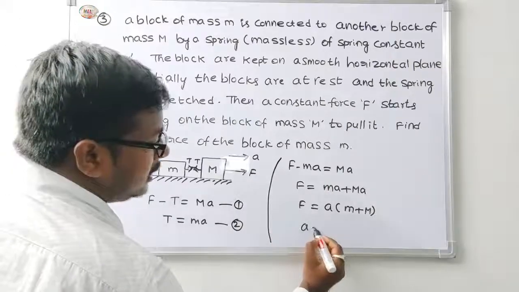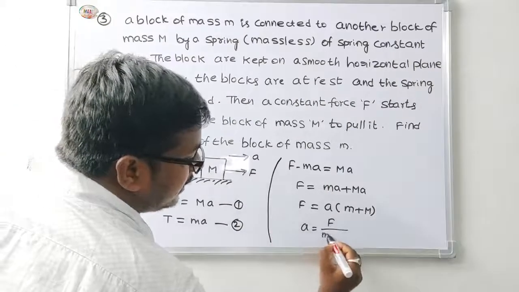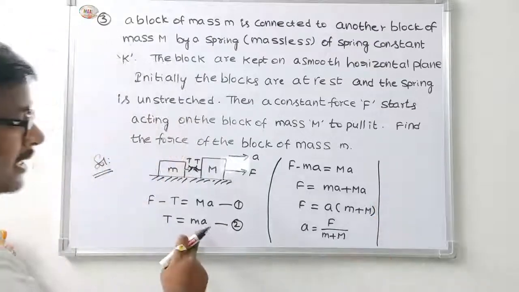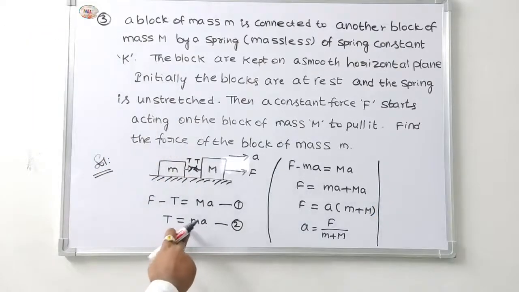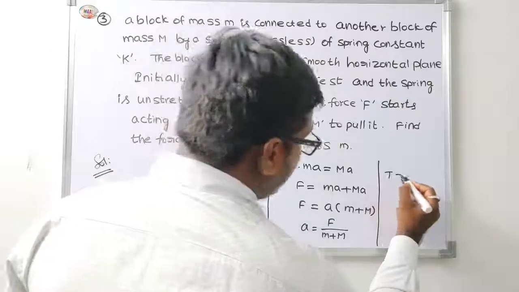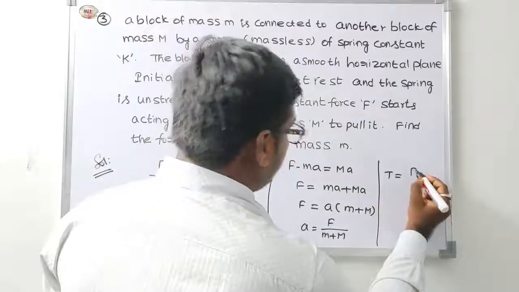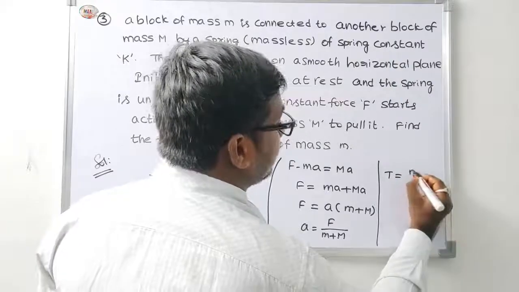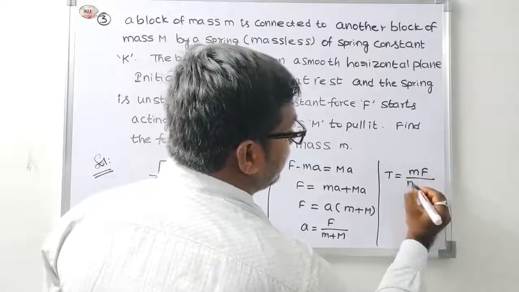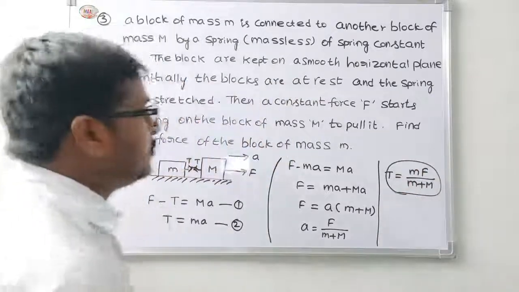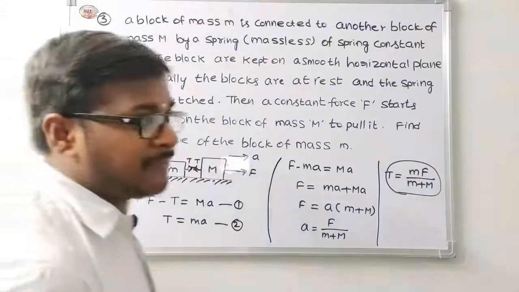Then a is equal to F by (M plus m). For the block of mass m, T is equal to m into F by (M plus m). This is the tension force, the force on the block of mass m.